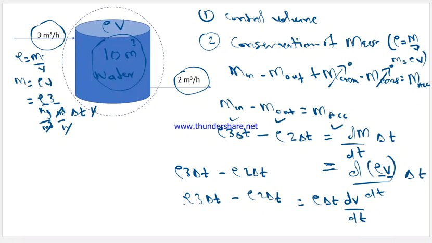So we can say that rho delta t comes to all of them, and we can cancel all of them. So we have now 3 minus 2 is equal to dV/dt. So when we resolve that, 3 minus 2 is 1. 1 is equal to dV/dt. And when we integrate, we are going to have V is equal to t plus C. To find our constant of integration, remember at t equals 0, we use the initial condition.